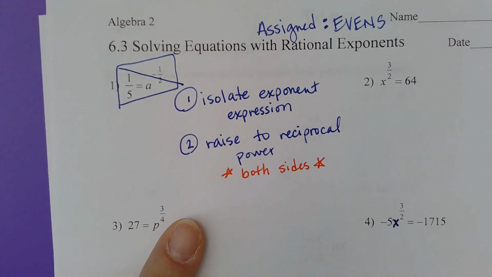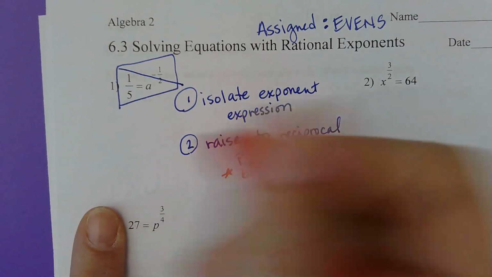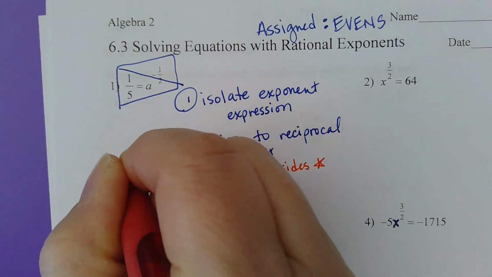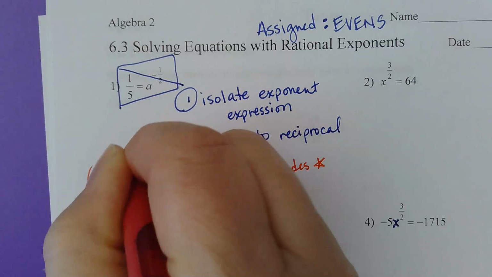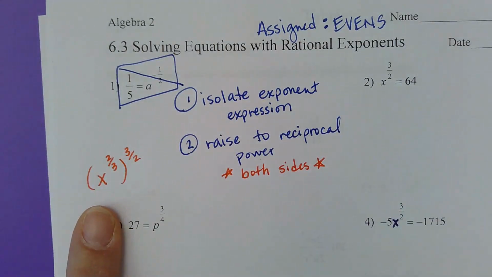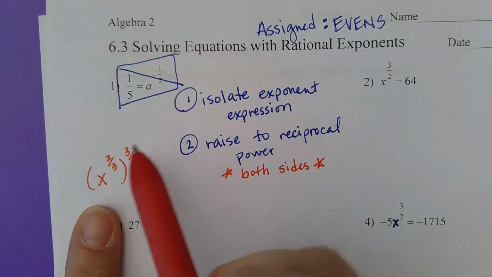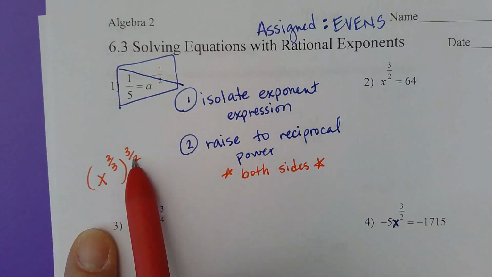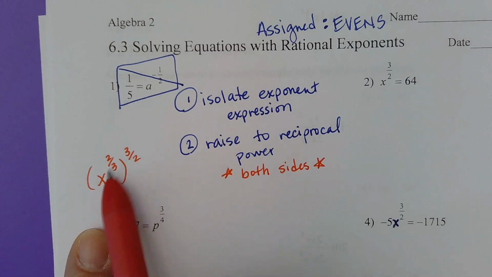Okay, that should then cancel the exponent. The exponent fraction will simplify out. Like if I have x to the 2/3 and then I raise that to the 3/2, one of our exponent properties is if you have something with an exponent and a second exponent, then you multiply these together.